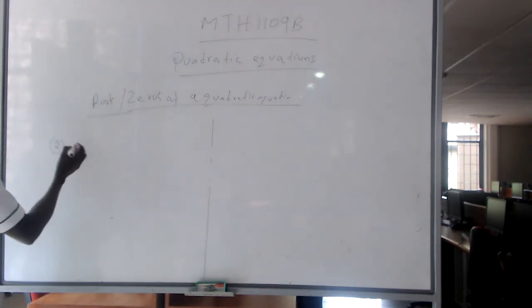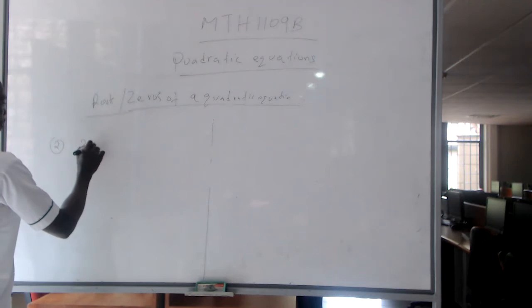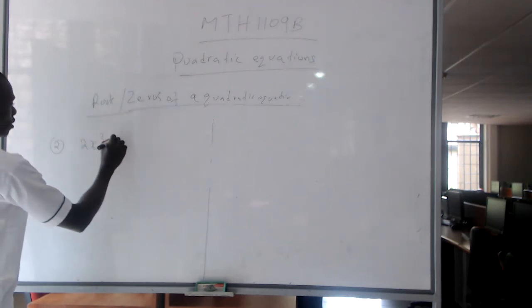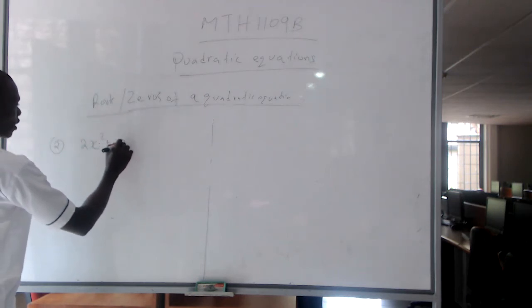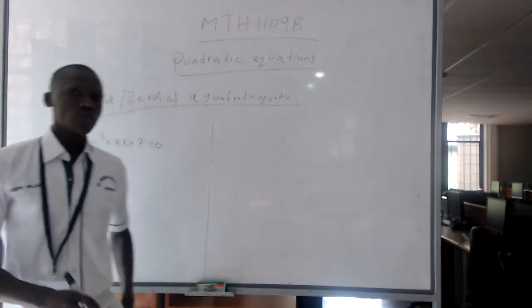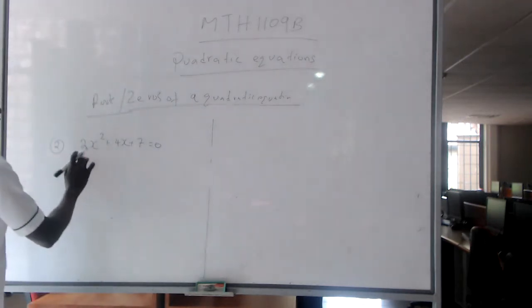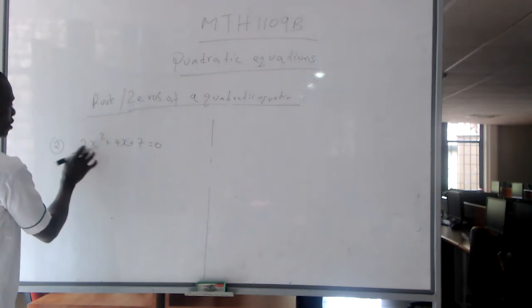So example 2, you want to solve now, let's say 2x squared plus, I don't know, 4x plus 7 is equal to 0. Solve by completing the square. First of all, you can divide both sides by 2 so that you have coefficient of x squared as 1.